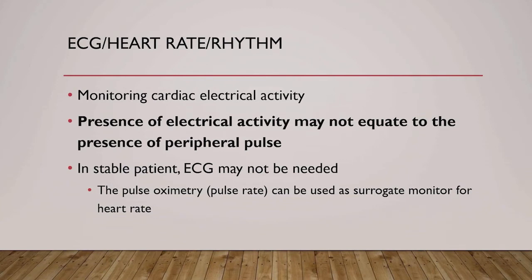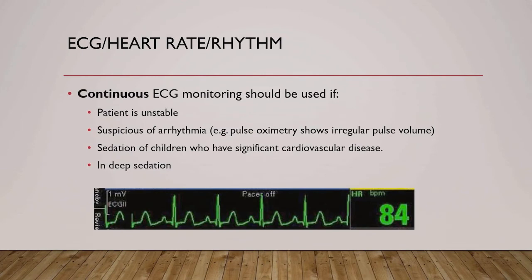So in a stable patient, ECG may not be needed because the pulse oximetry, which should be put on everyone with sedation, can be used as a surrogate for monitoring of the heart rate. But if the patient is unstable, you strongly suspect arrhythmia because the pulse oximetry shows some irregular pulse volume, or the patient has underlying cardiovascular disease, or the patient is in deep sedation, then continuous ECG monitoring should be used.